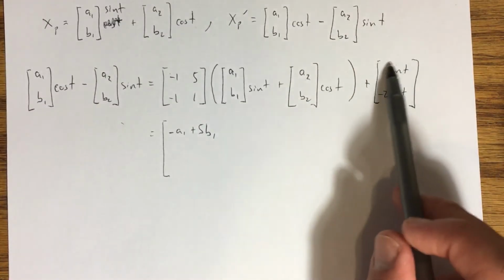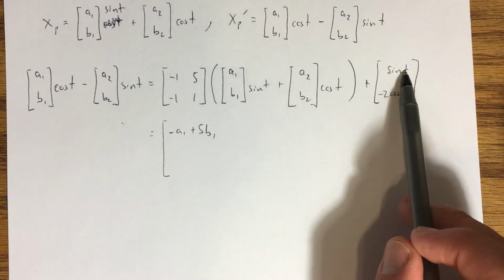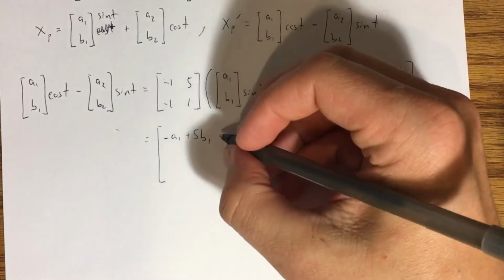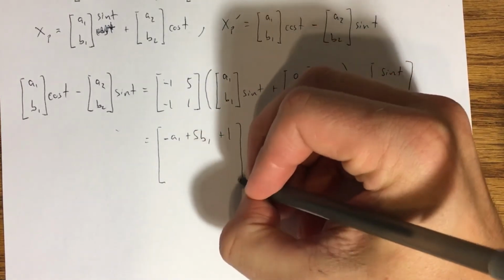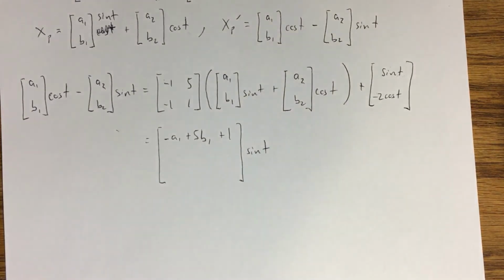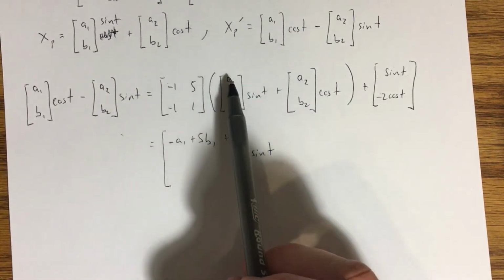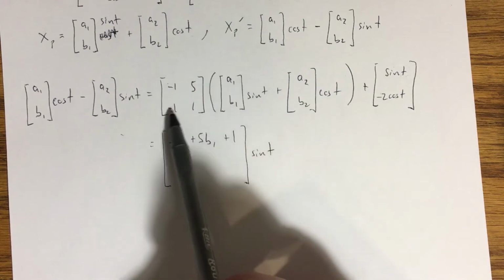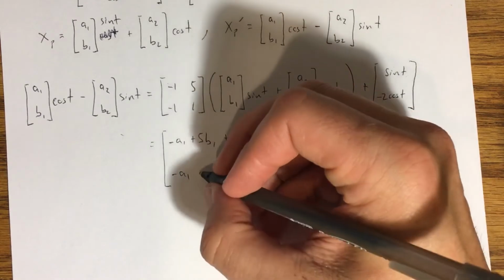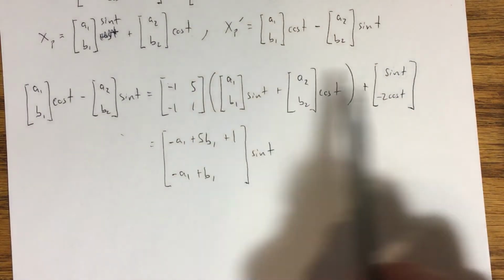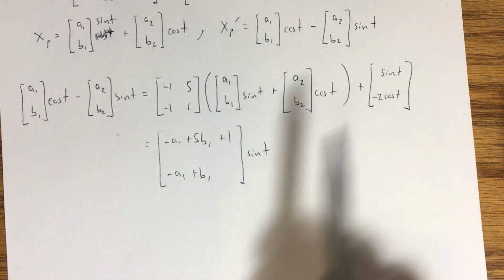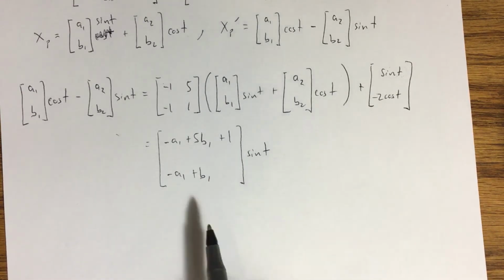And because there's a sine present here, there's going to be a +1 that shows up because that's the coefficient on that sine right there. So +1. And this is going to be my sine of t. And then for the second entry down here, I'd be multiplying this column matrix to this second row here. That's -A1, so -A1 plus B1. And then my second entry down here doesn't have any sines in it. So I'm not going to be adding any additional constants down here.